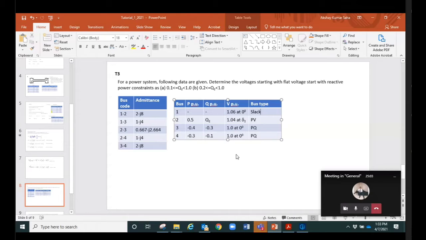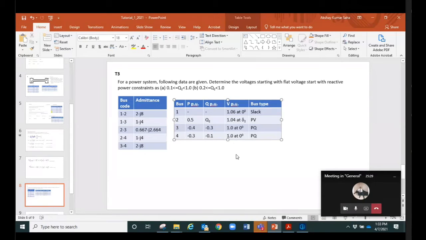So P is given 0.5, Q2 unknown, and the voltage is 1.04 at an angle delta 2, also not known, and it's PV type. And PQ buses are given for 3 and 4, and for those P and Q are known, minus 0.4, minus 0.3 for bus 3, and minus 0.3 and minus 0.1 for bus number 4.